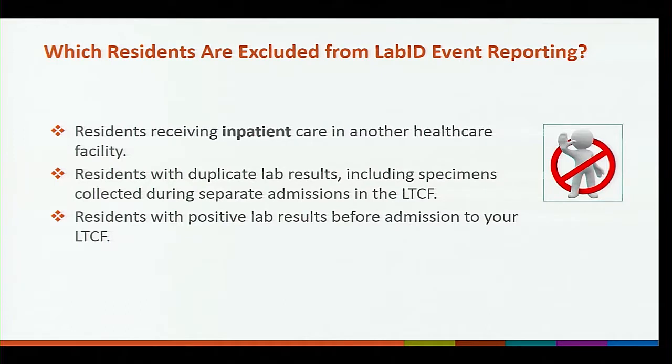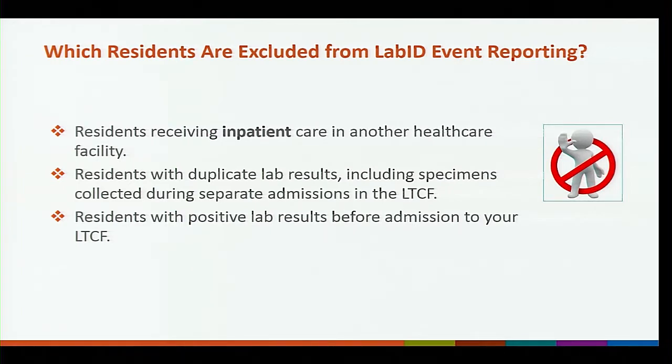Residents with duplicate lab results are also excluded, and this again includes specimens that are collected during separate admissions. So let's say that you have a resident who has a positive C. difficile on day 1. The resident gets discharged home on day 3.